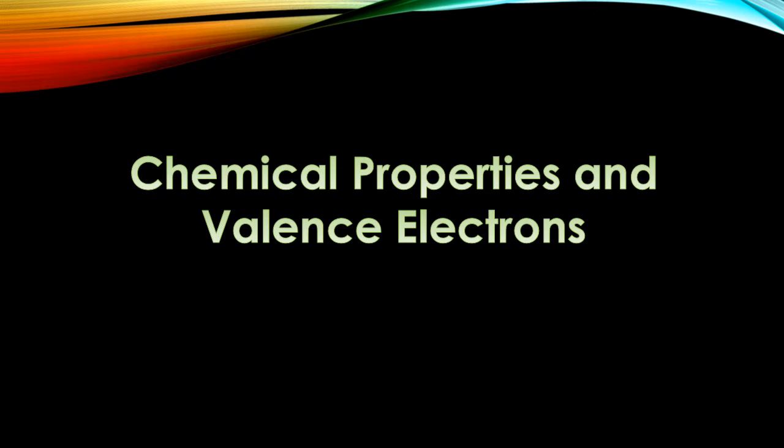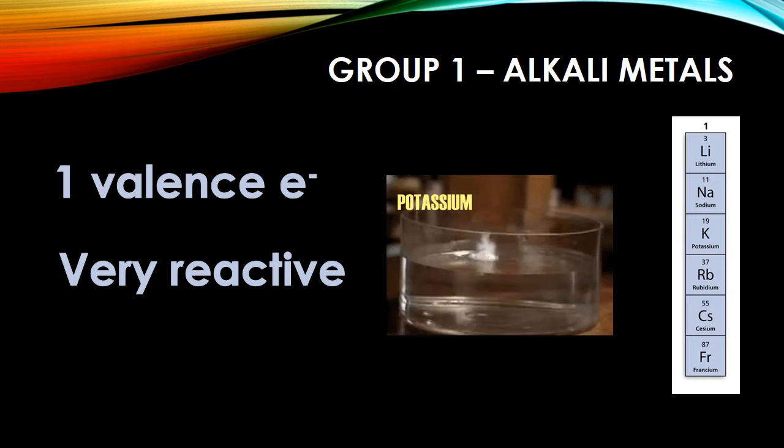To look at the chemical properties of each of the groups on the periodic table, we need to look at the valence electrons. And to do that, you might need a piece of paper or something else to write on, because I go off the packet here. Everything in column 1 is called an alkali metal.